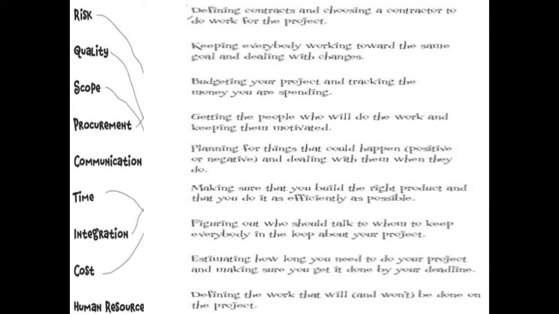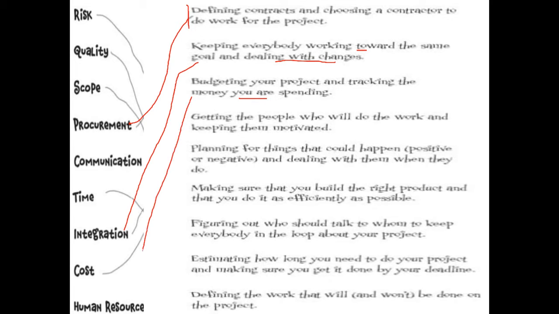So if I start with which aspect of a project management effort deals with defining contracts and choosing a contractor to do work for the project, that would be the procurement aspect, right? So keeping everybody working toward the same goal and dealing with the changes, maybe perhaps integration management, budgeting your project and tracking the money you are spending.